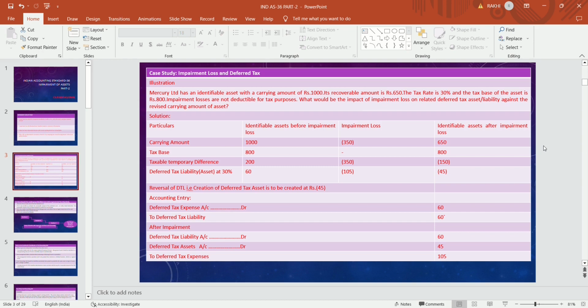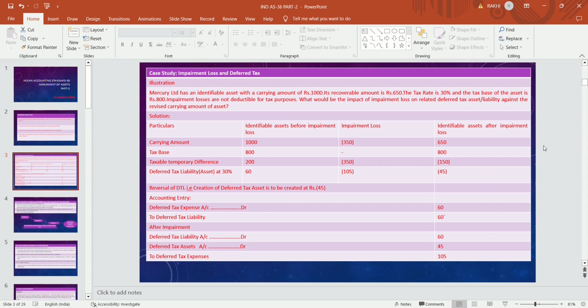Previously we had created the liability, because the tax base is less than the carrying amount. Tax base is less than the carrying amount, then we have to create a liability in order to balance the books and tax base. We will calculate deferred tax liability.